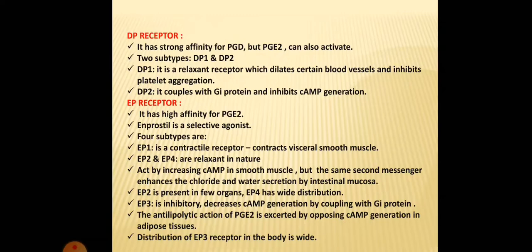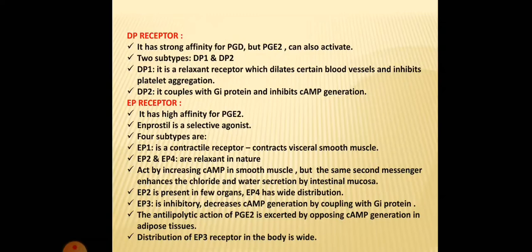Next is the EP receptor. It has high affinity for PGE2, and misoprostol is a selective agonist of the EP receptor. There are four subtypes of the EP receptor: EP1, EP2, EP3, and EP4. EP1 is a contractile receptor, and it contracts the visceral smooth muscle.